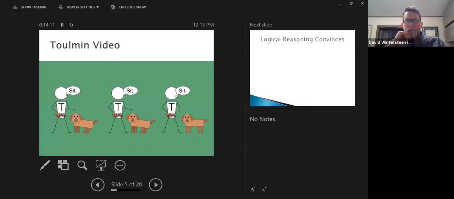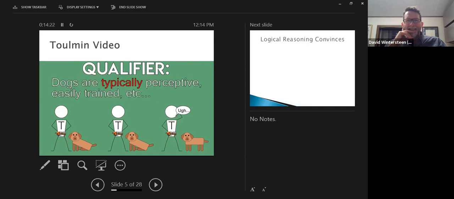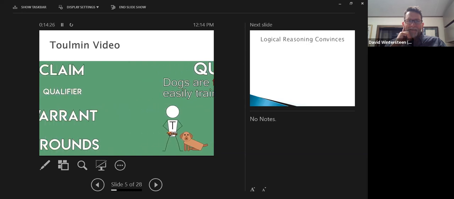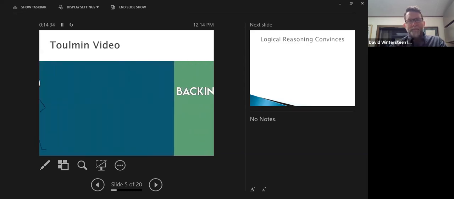In this argument, the grounds can be edited with a qualifier to allow for cases in which some dogs don't match the criteria of the greatest pet as stated in the claim. Dogs are typically perceptive, easily trained, etc. The qualifier typically adds credibility to the argument as it acknowledges special cases contrary to the argument's claim.